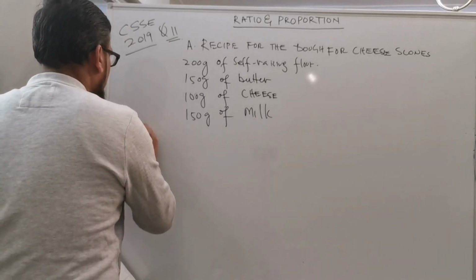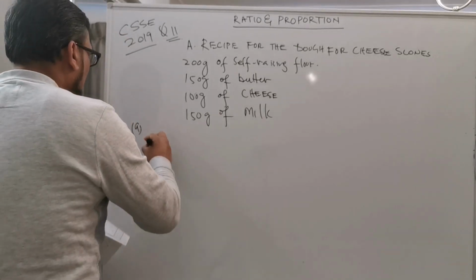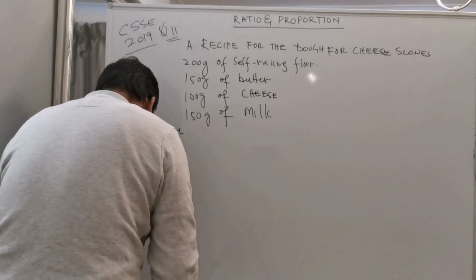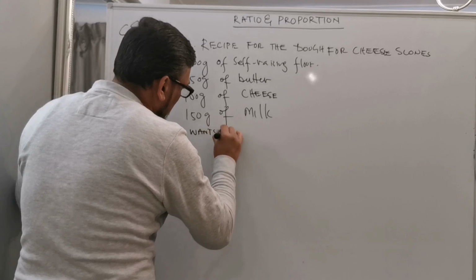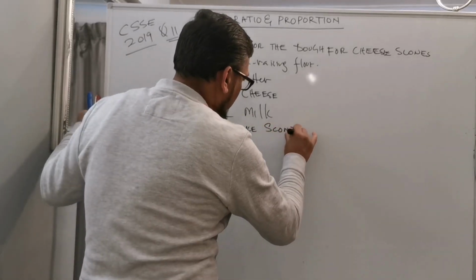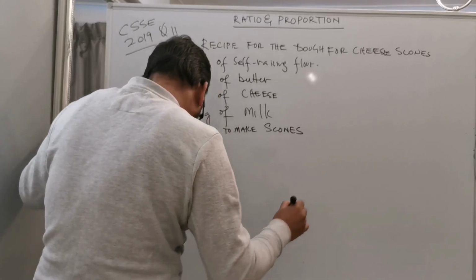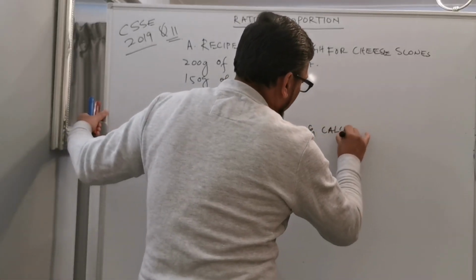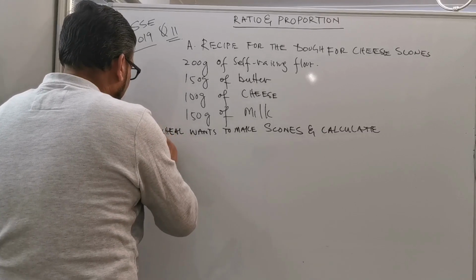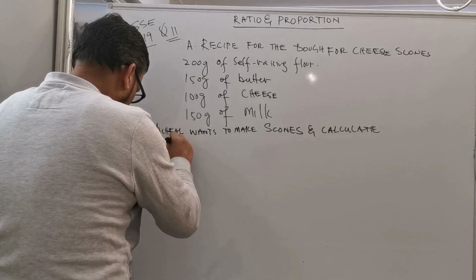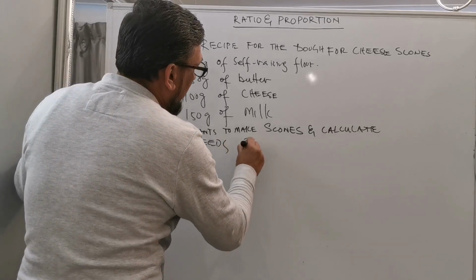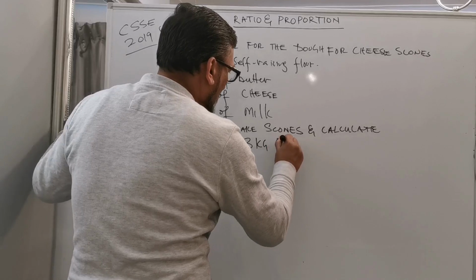And now question A. It says Michael wants to make scones and calculate that he needs 3 kilo of dough.